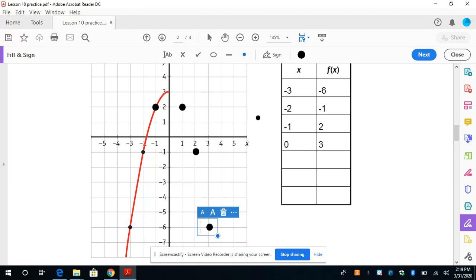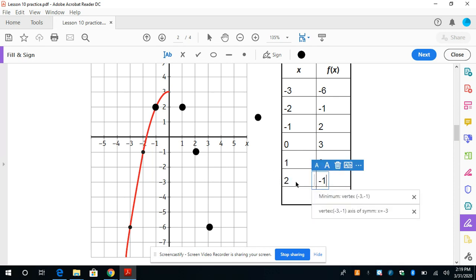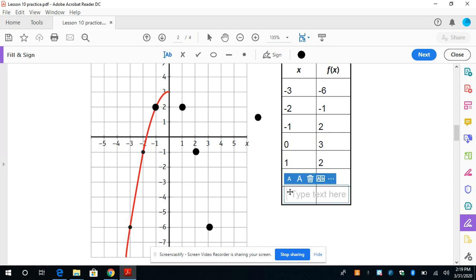So you see how I'm matching that stuff up. So then my new points would be 1, 2. 2, -1. And 3, -6. Okay.